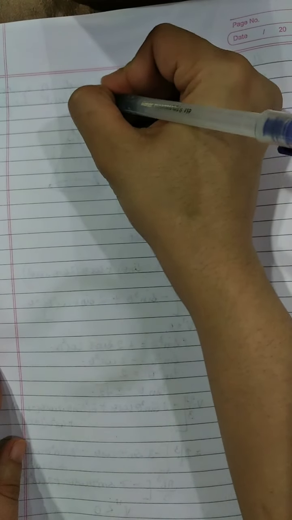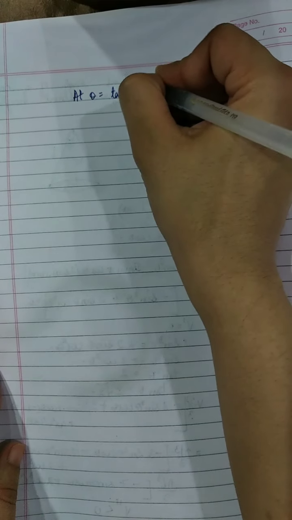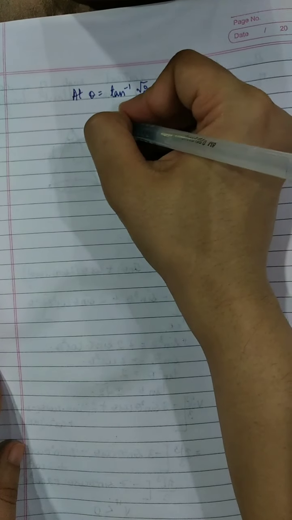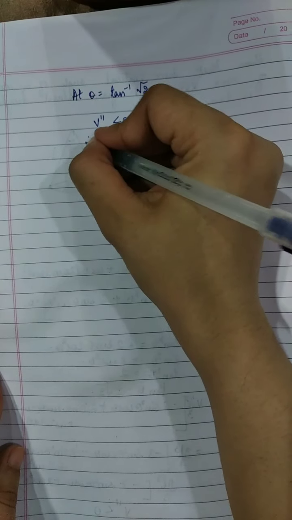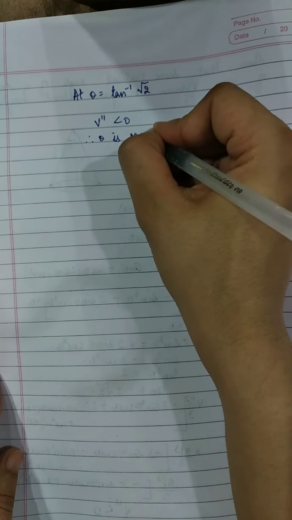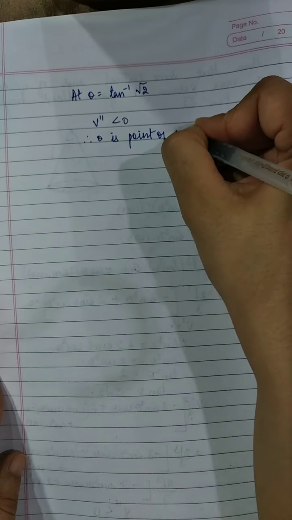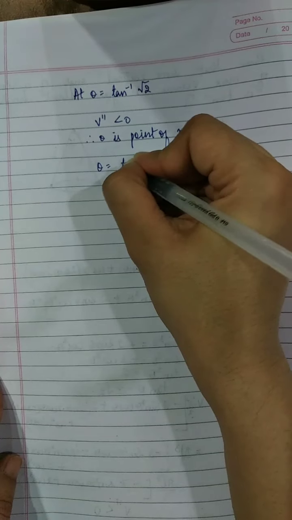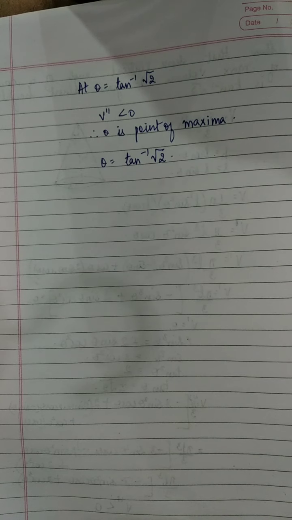At theta equal to tan inverse root 2, V double dash is less than 0. Therefore, theta is the point of maxima, and its value is tan inverse root 2. Right? So what were we supposed to do? We were supposed to maximize the volume, and we have done the same. We have proved it is less than 0. So this is how we prove question number 25.